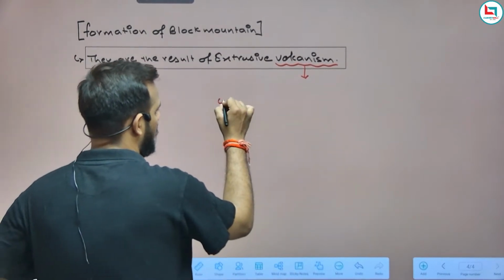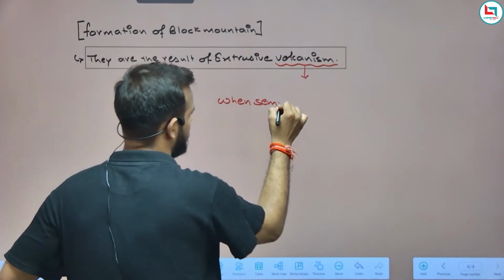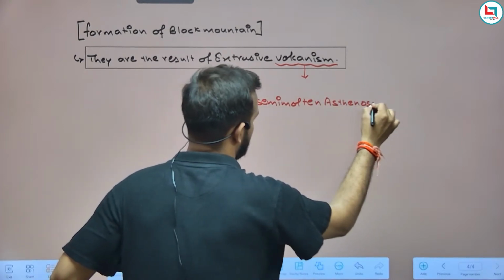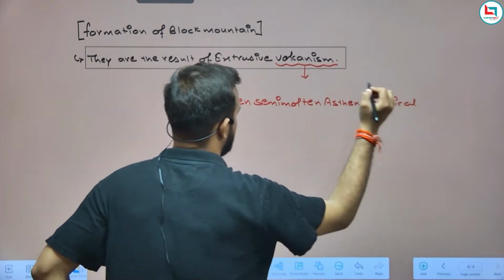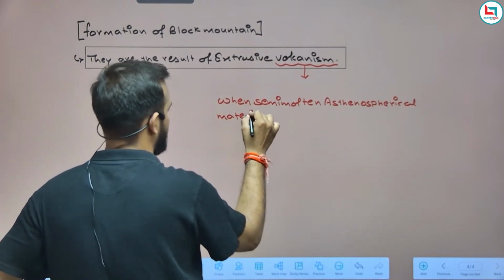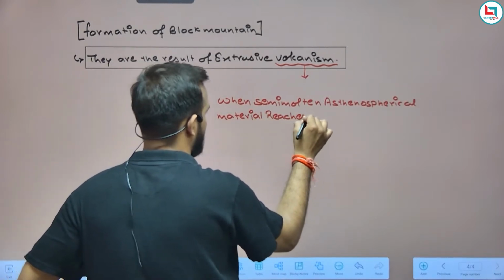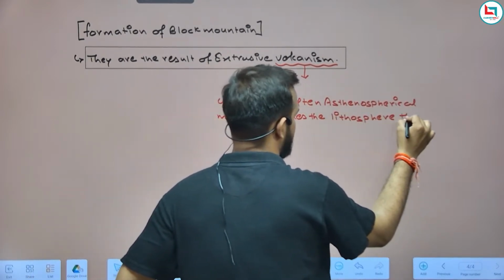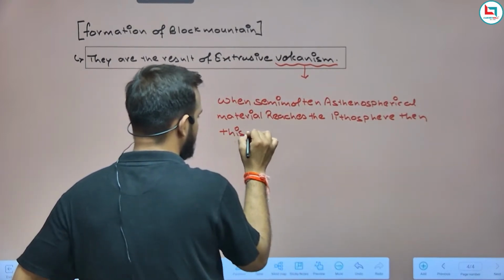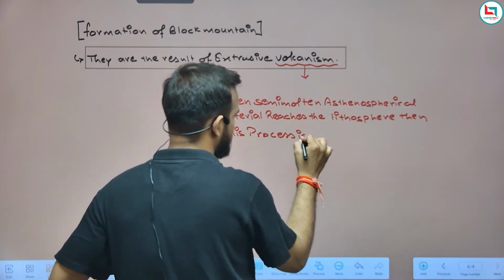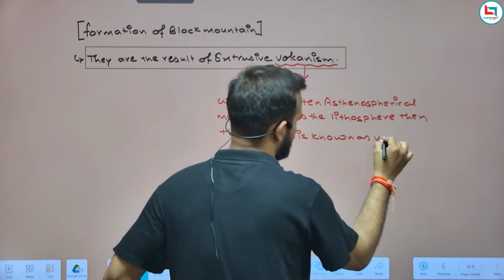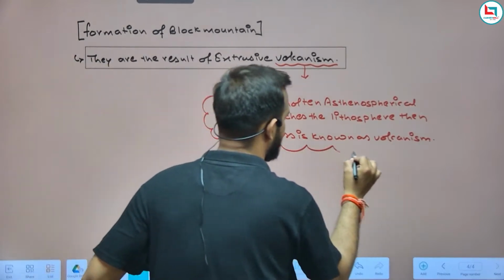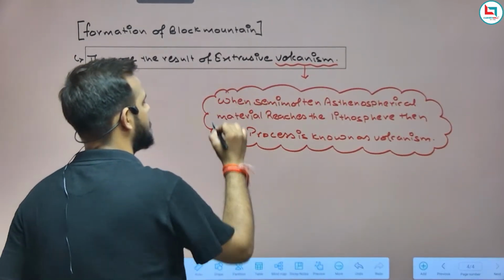Write down: when semi-molten asthenospherical material reaches the lithosphere, then this process is known as volcanism.